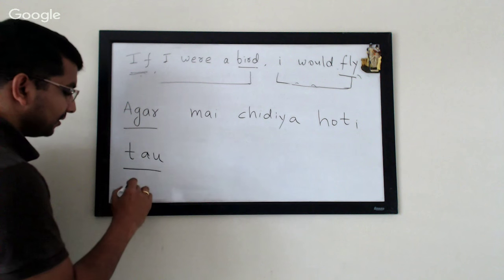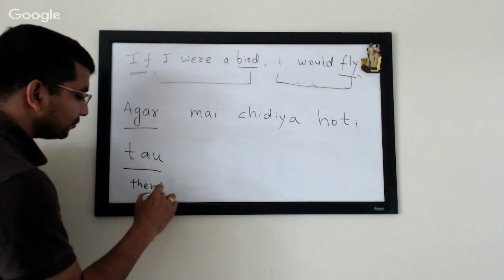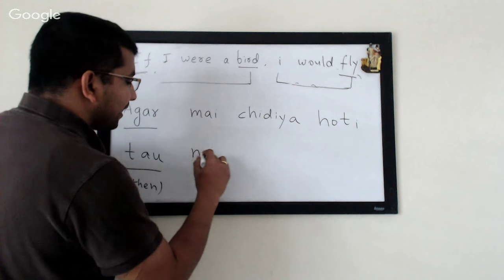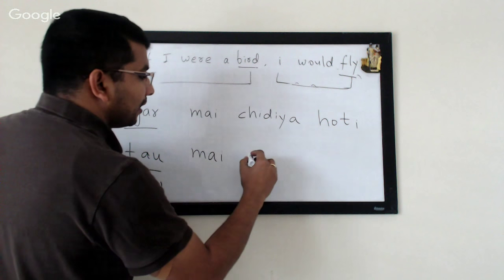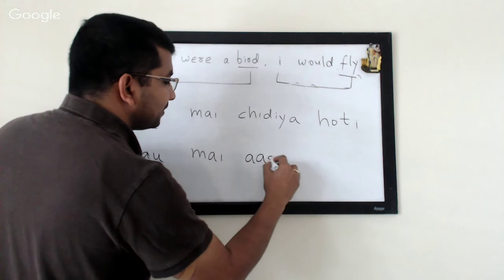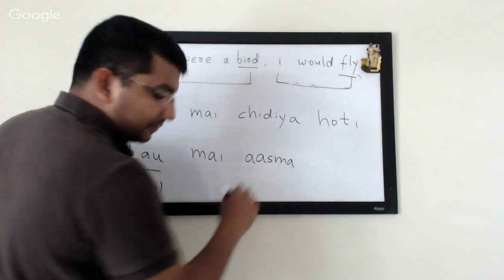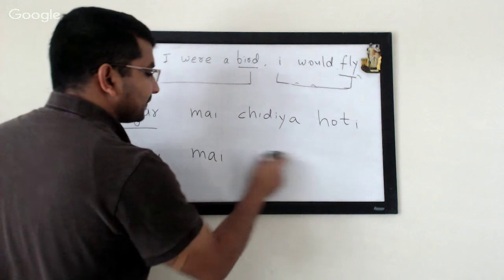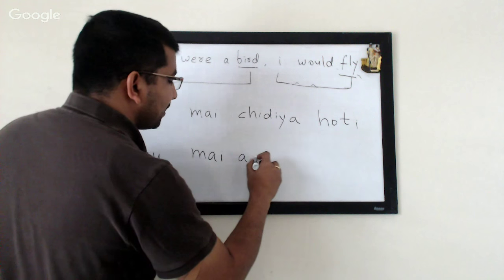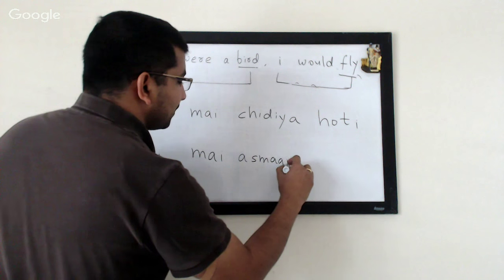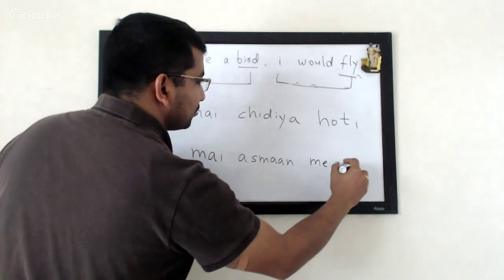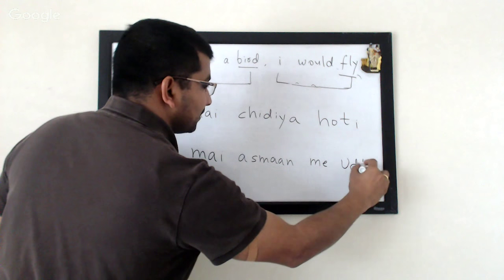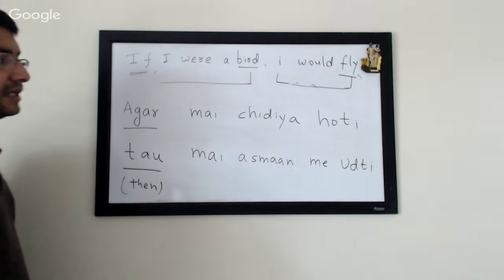Then as a result, basically, what would you do? तो मैं, let me write it like आसमान, तो मैं आसमान में उड़ती.